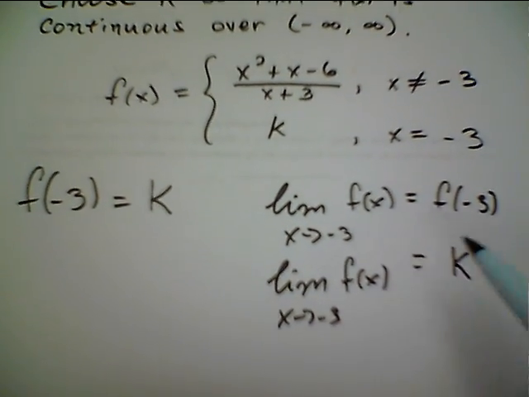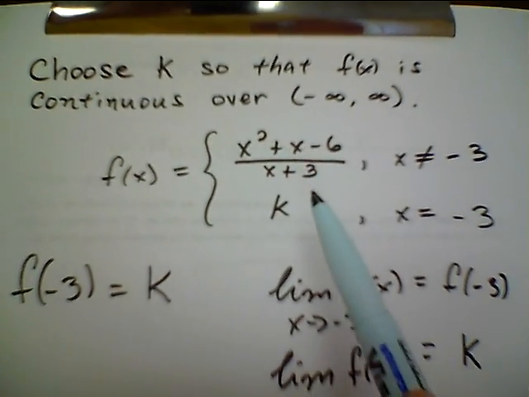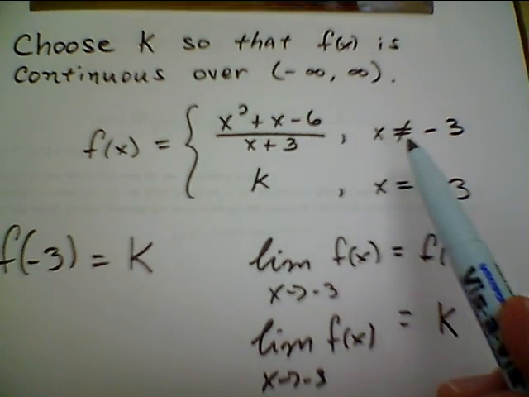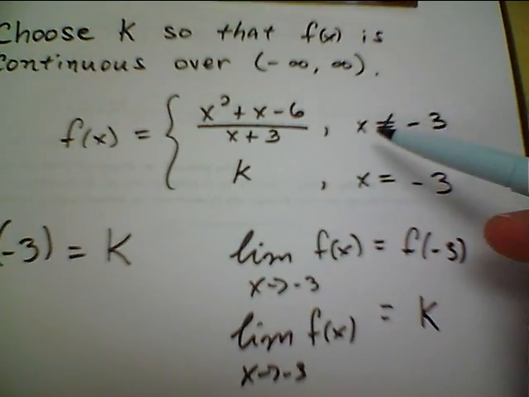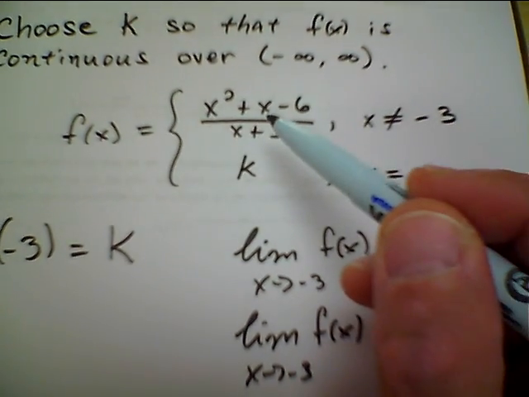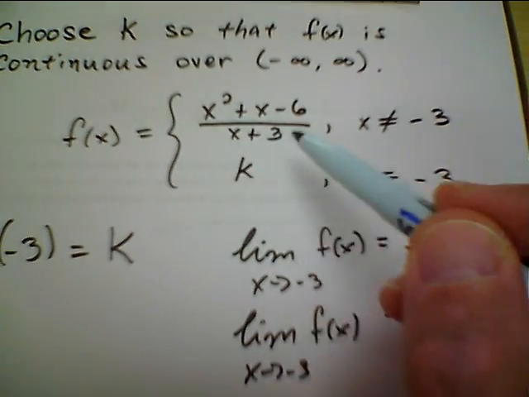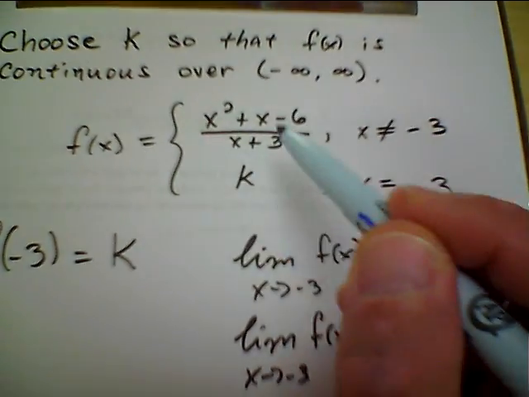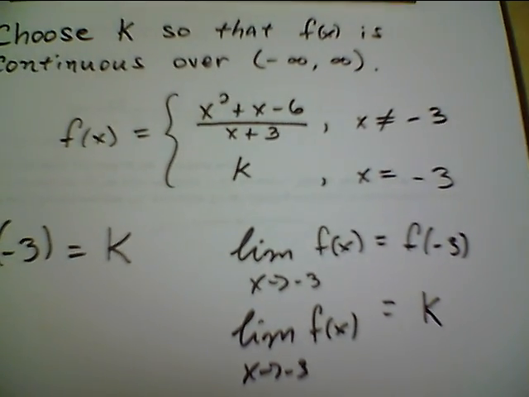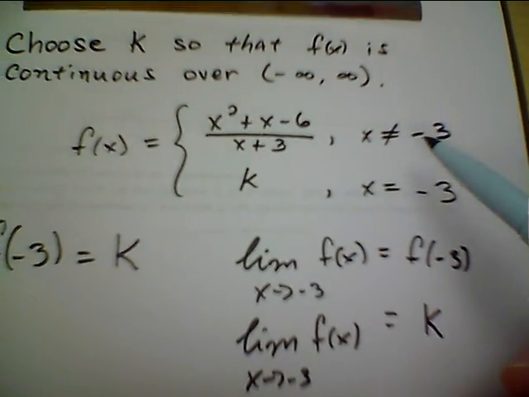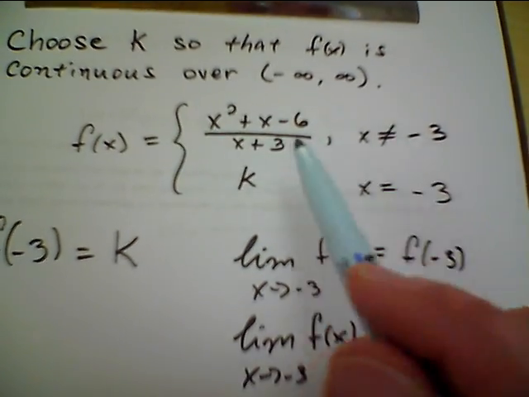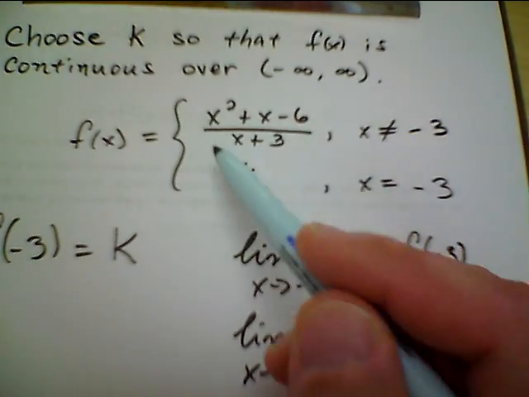Now we need this limit to exist, so we need the limit as x approaches minus 3 from the left to equal the limit as x approaches minus 3 from the right. Now x is not equal to minus 3, so for this piece of the function, that means when x is less than minus 3 and when x is greater than minus 3, f of x from the left and from the right is this piece.